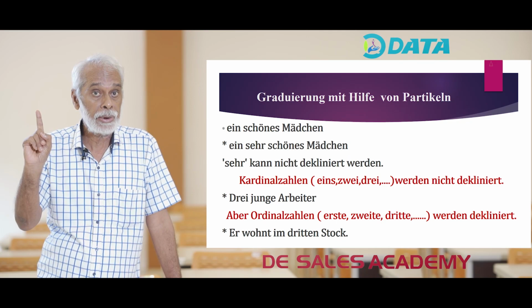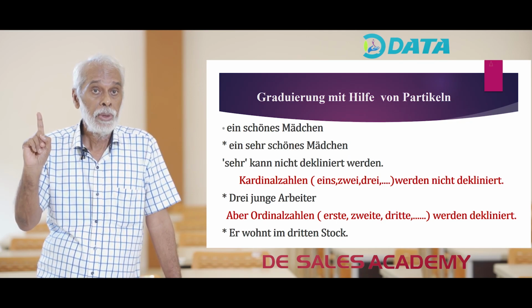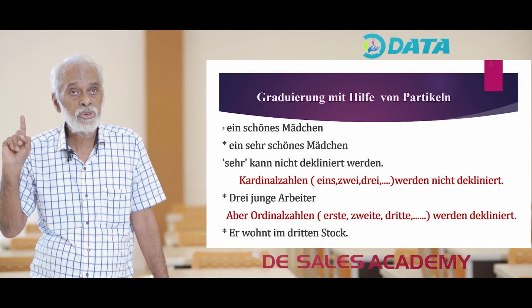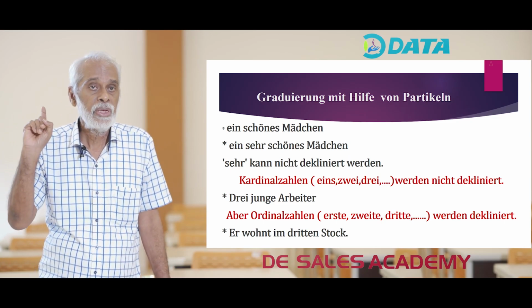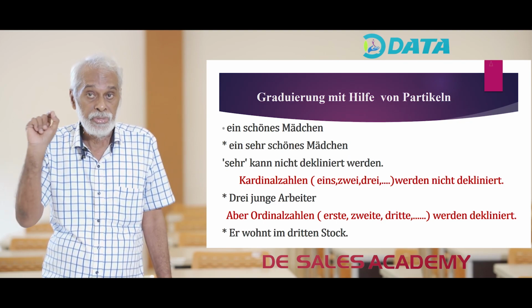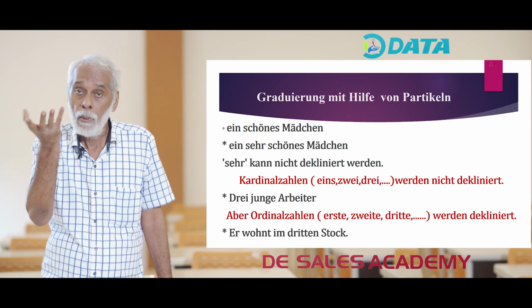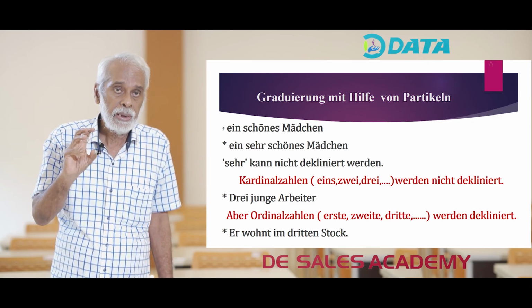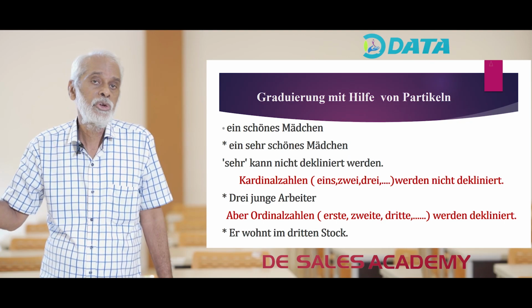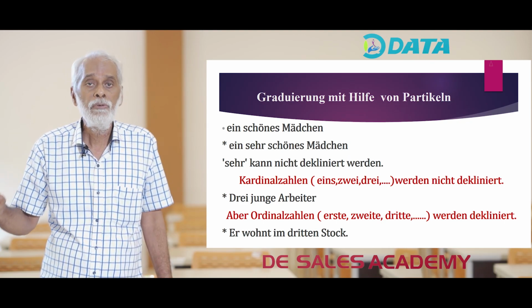Sie werden dekliniert. Beispiel: wohnt im dritten Stock. He is staying on the 3rd floor. Dritte is the word, but it is declined, and we say im dritten Stock, on the 3rd floor.